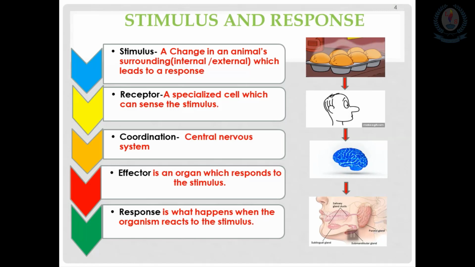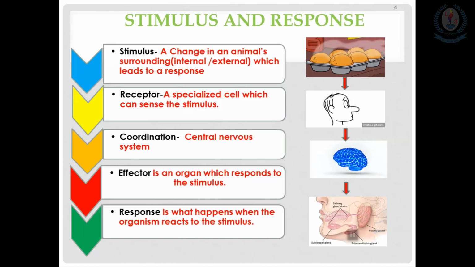Neurons are nerve cells. Here the central nervous system acts as the coordination center. The coordination center sends electrical impulses down other neurons to the effectors, and the effectors bring about a response. Effectors are usually a muscle which can contract or a gland which can secrete a hormone.